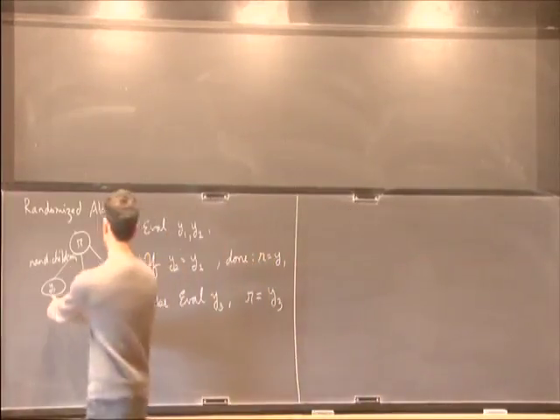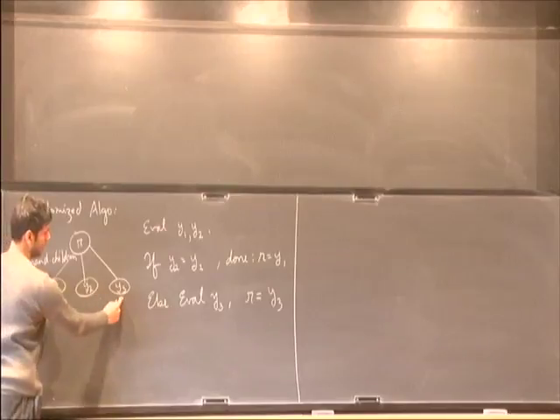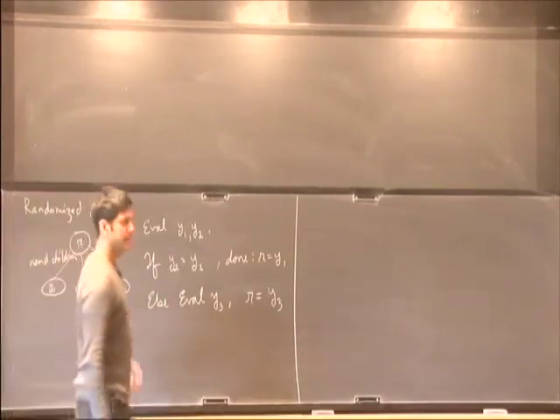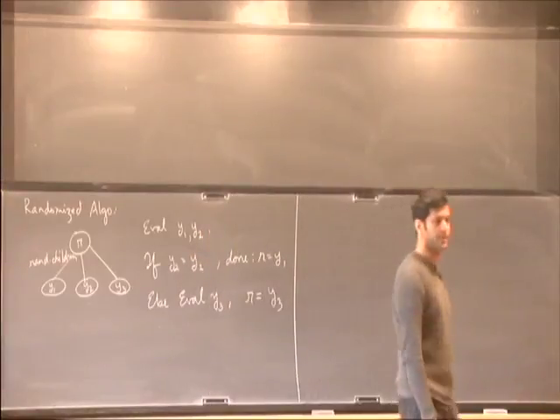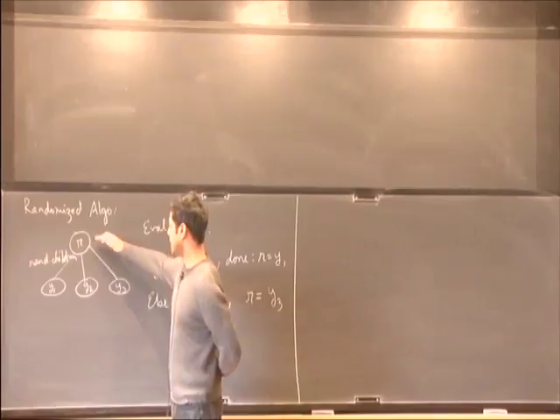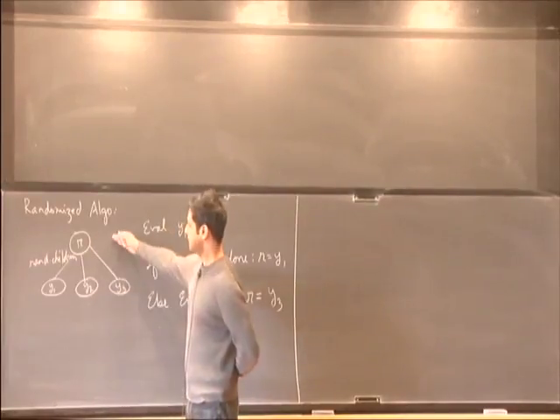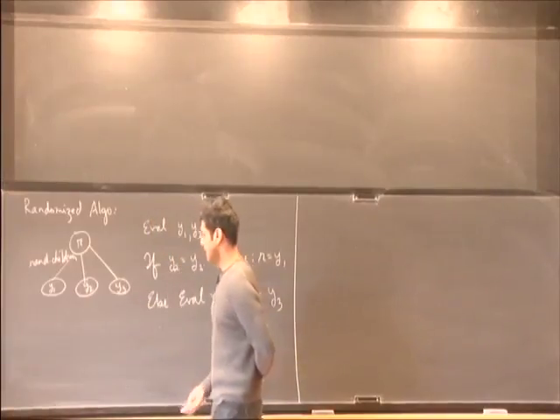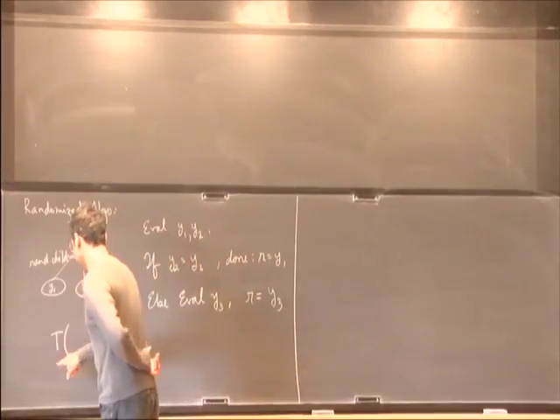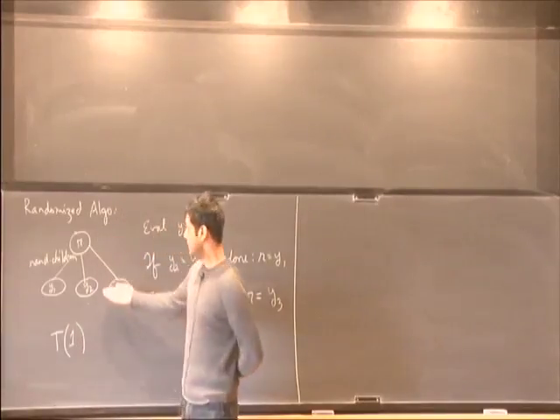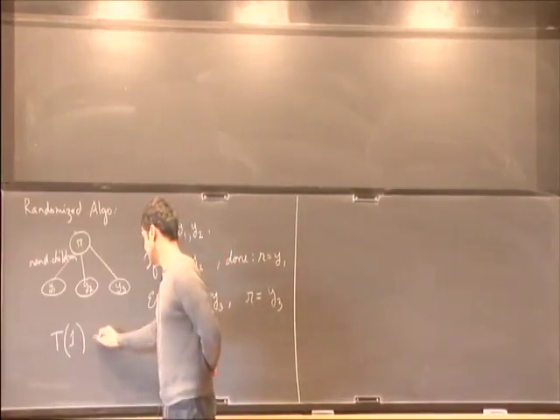And again, you're done. The value at the root is necessarily the third one, right? So these 2 are different, and y3 has to be equal to one of these 2, and that would be the majority. If you look at just this height 1 tree, you can calculate the randomized complexity of this simple algorithm.